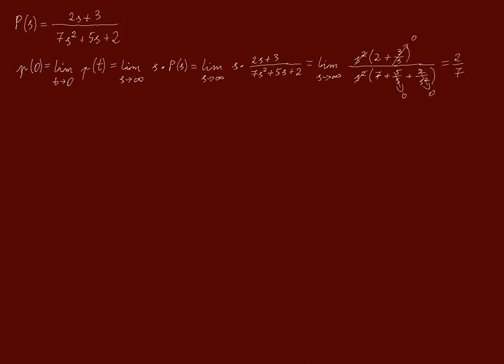However, to calculate the final value, we first need to check whether all poles of the expression s times P of s are in the left half plane of the complex variable. But what are poles? The poles are such values of the variable s that cause the denominator to be equal to 0.